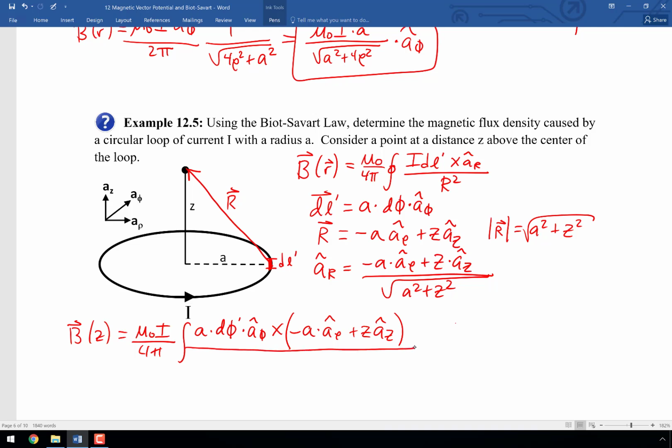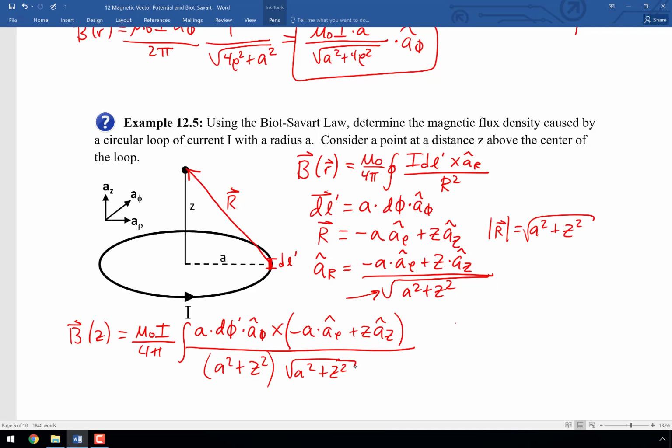And in the denominator, we're going to pick up the r squared, which is just going to be a squared plus z squared. But then we also have to grab this square root that was in the denominator of the unit vector, so it's times the square root of a squared plus z squared.